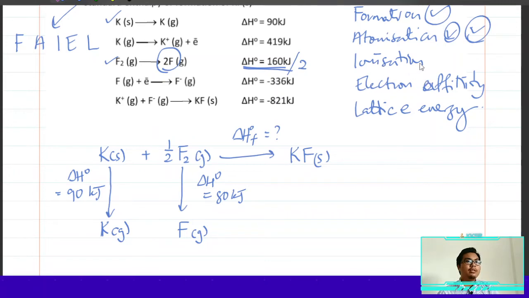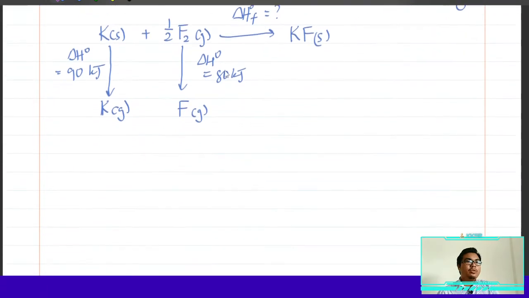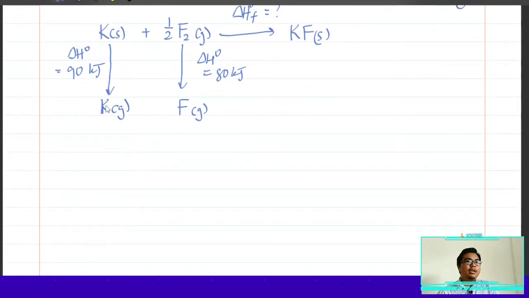So let's start with ionization. Ionization is always gonna be for positive ion. Okay, so sentiasa untuk yang positive ion. So between these two, antara K dan juga F, K yang akan form positive ion. So that's the atom that will undergo ionization. Okay, so K akan remove one of its electron, forming K plus gas. So this is the K plus here.